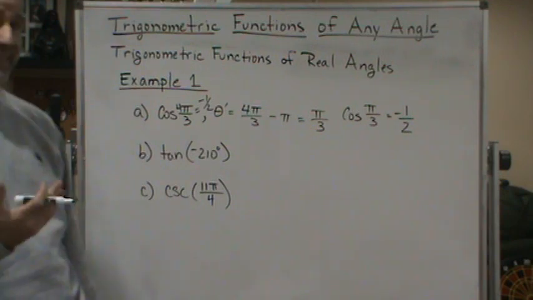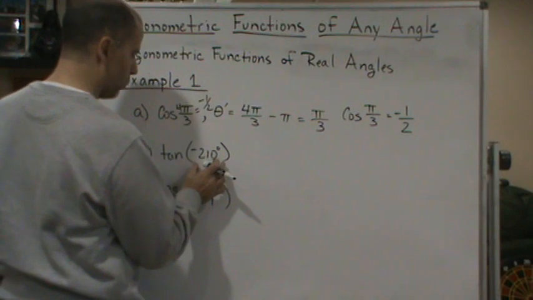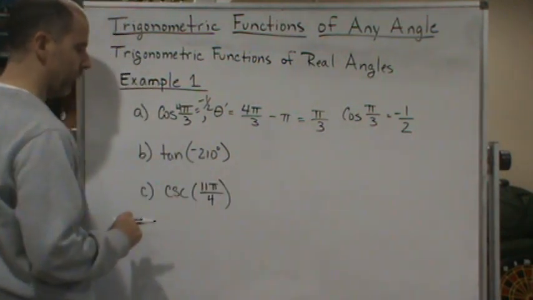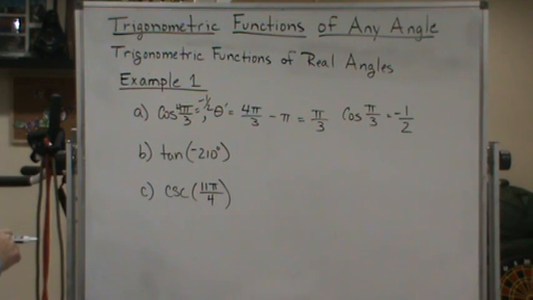So this is going to be in the second quadrant. The other thing is we could subtract this from 360, and we'll get 150 degrees, which is the positive coterminal angle. So that will also tell us it's in the second quadrant.